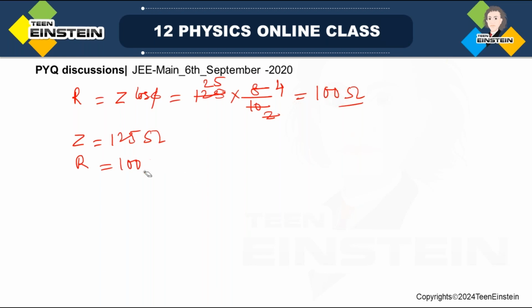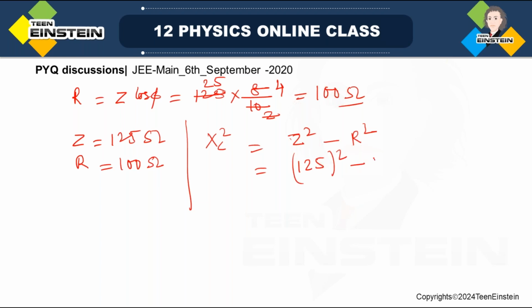Then what is the difficulty in finding XL? There is no difficulty, right? XL square is Z square minus R square, so XL square is 125 square minus 100 square.